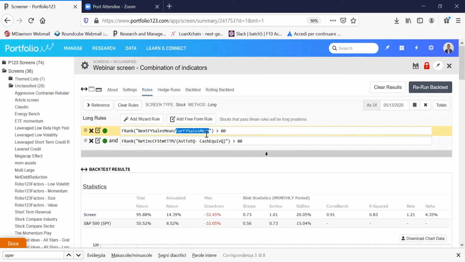So this difference, of course, minus 1, but for this rank it doesn't matter because we are just looking at it as it is. So here we are screening for companies with very high sales expectation.